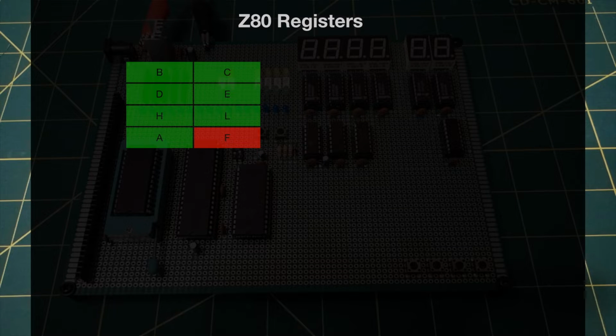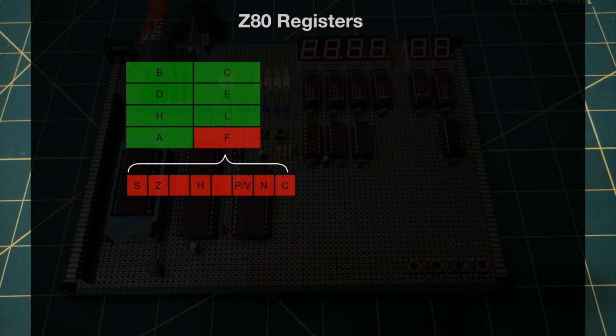So if we look at that in a little bit more detail, each of these flags carries some kind of purpose to tell us a little bit more information about the results of the operation that was just completed. I can't actually remember all of these. I remember that Z is the zero flag, so if the operation resulted in 0 in the accumulator, then the zero flag would be set.